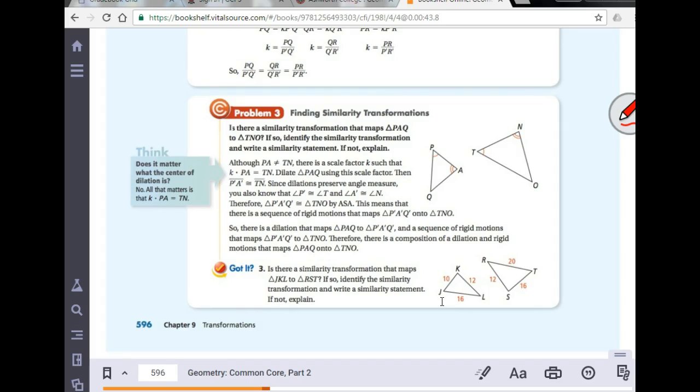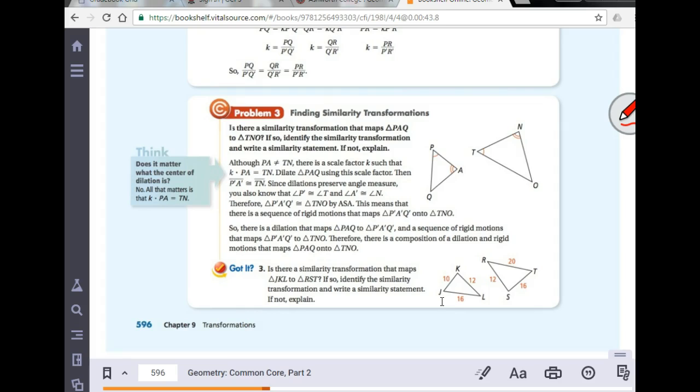So, first of all, you can see here that PA does not equal TN. TN is a little bit longer. So that means that there's a scale factor. There's some number that you're going to have to multiply PA by to end up making it TN.